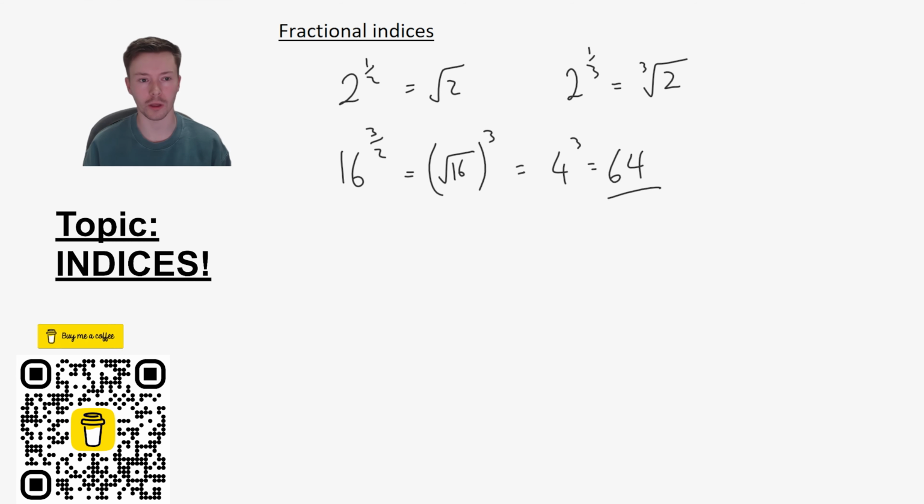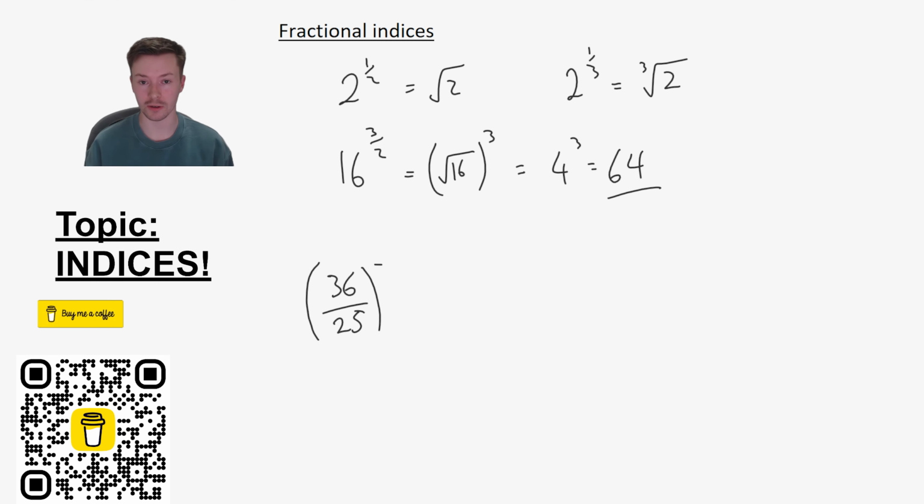Now, what if we had something like, let's go with 36 over 25, to the power of negative, I want to go with 3 over 2 again. So negative 3 over 2.